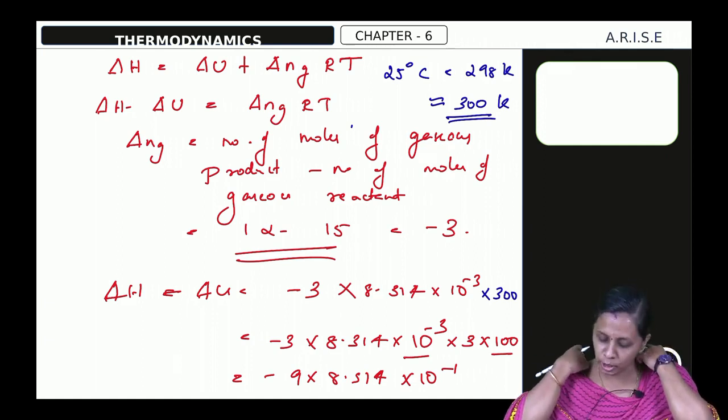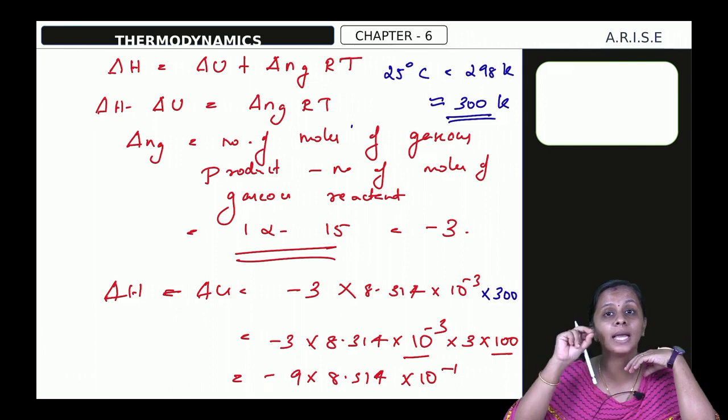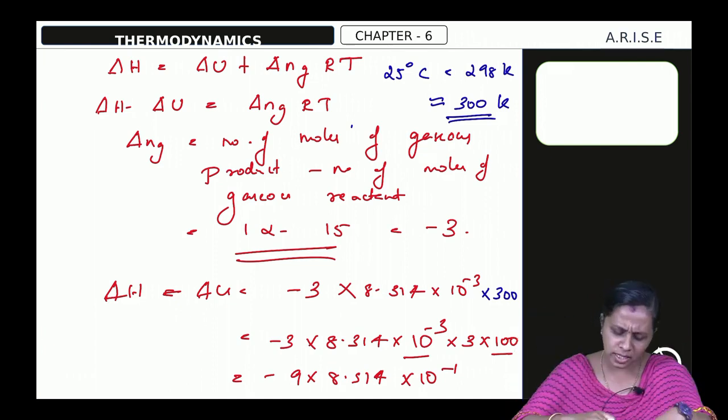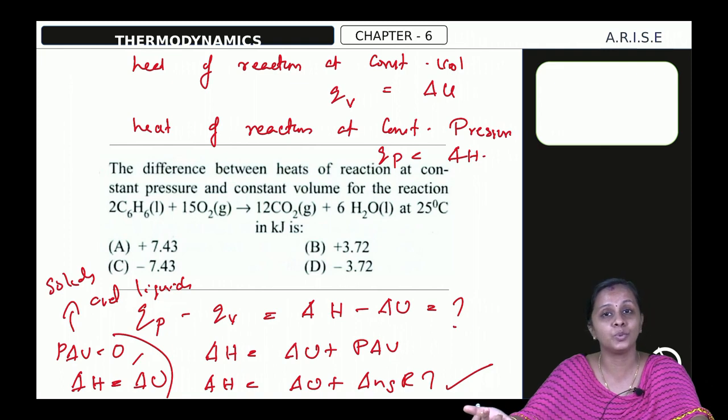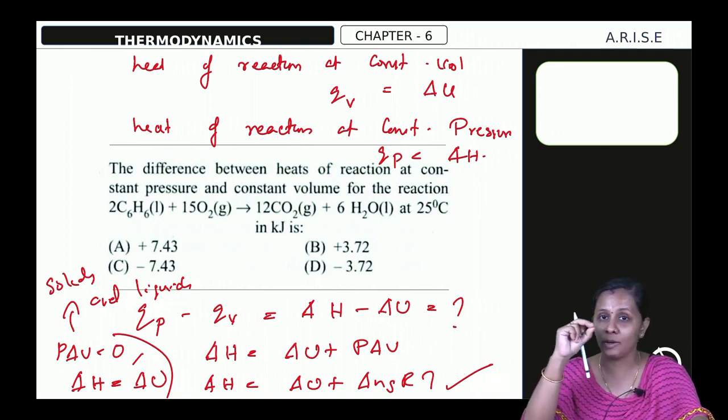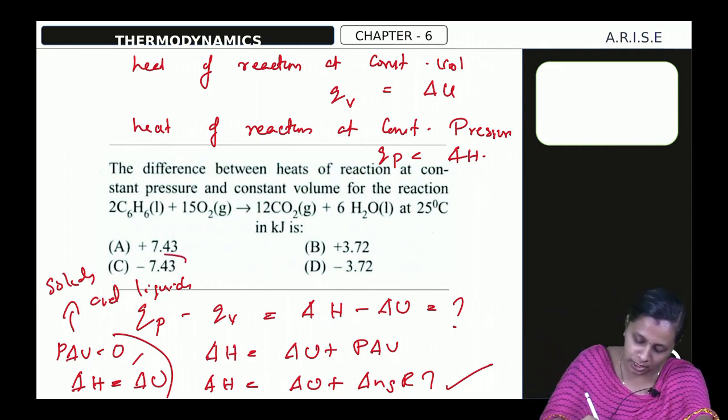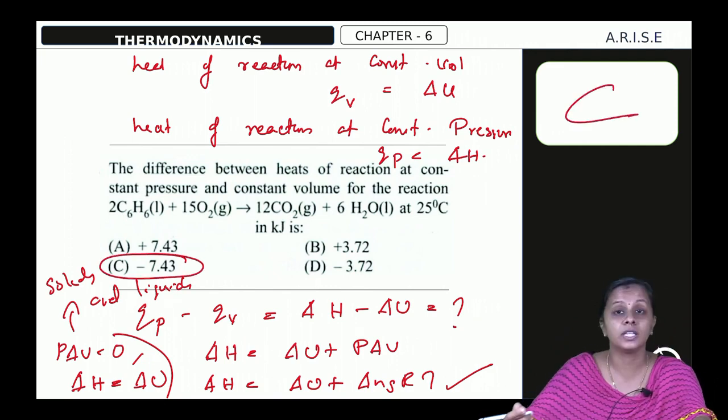So 72 into 10 raised to minus 1 means minus 7.2. So let us consider the options: plus 7.43, plus 3.72, minus 7.43, minus 3.72. So we got it as minus 7.2. Why did we get minus 7.2? Because we approximated it as 300. So what will be the answer? Minus 7.43. That is option C.